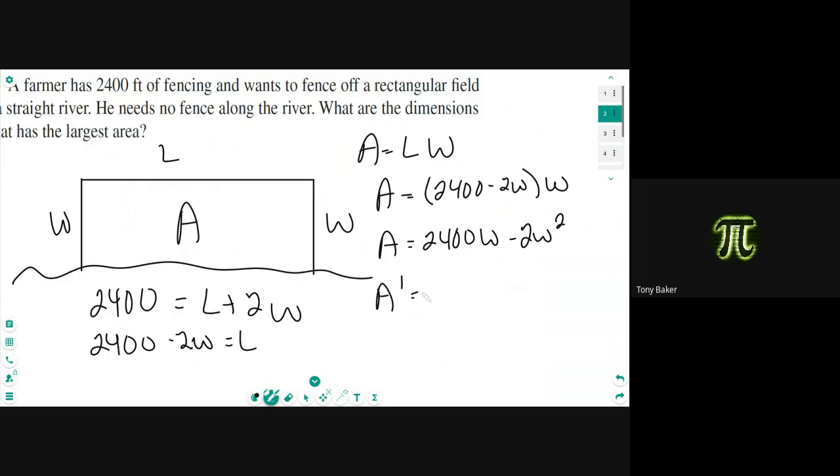So the derivative of A is 2400 minus 4W. Now set that equal to 0. So I have negative 4W equals negative 2400. So W equals 600.